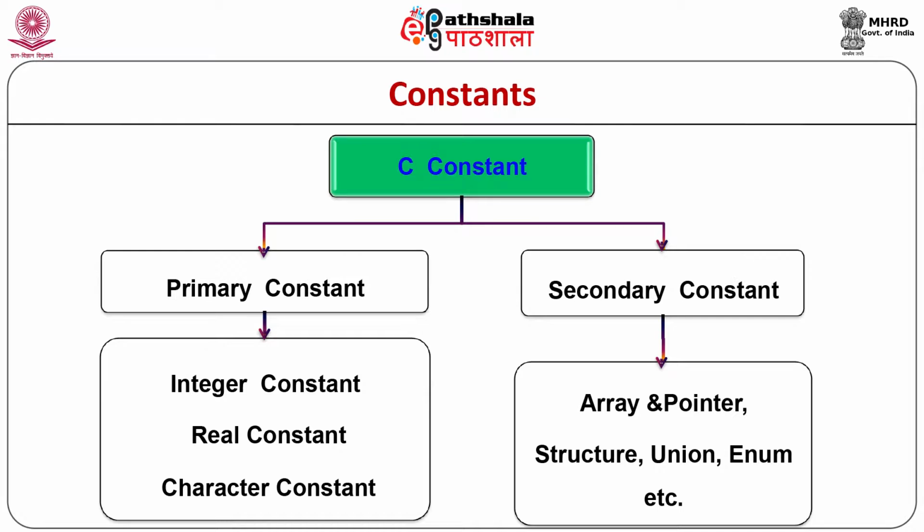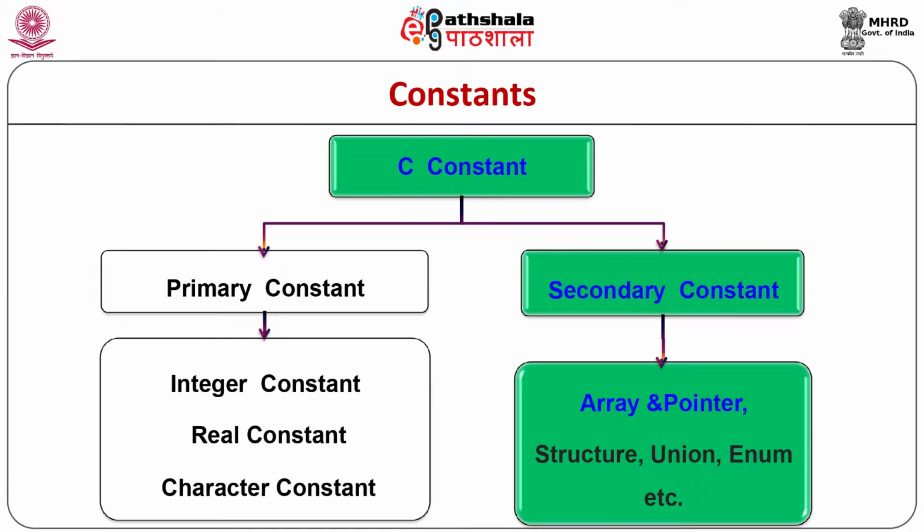We have seen different constants in C language in the earlier module. In this module, we will highlight arrays and pointers in detail, as they are placed in the secondary constant category.